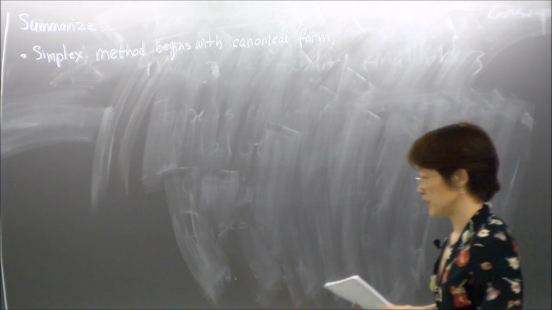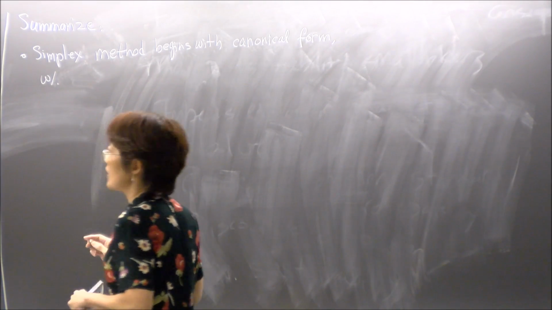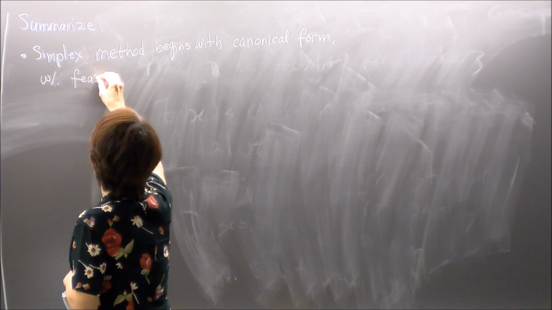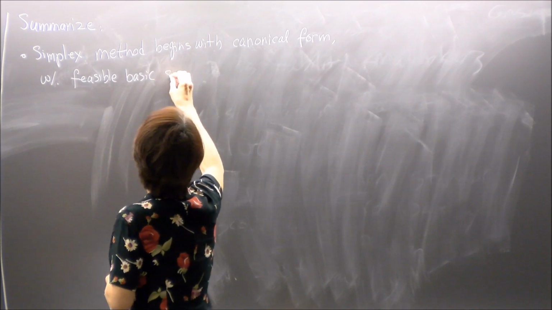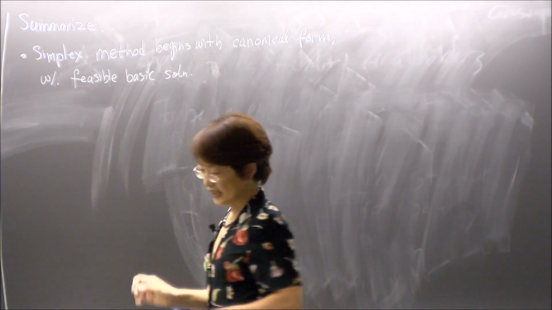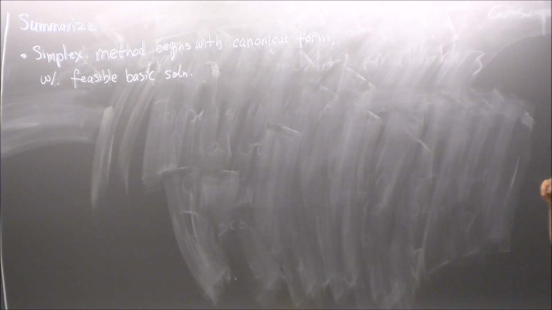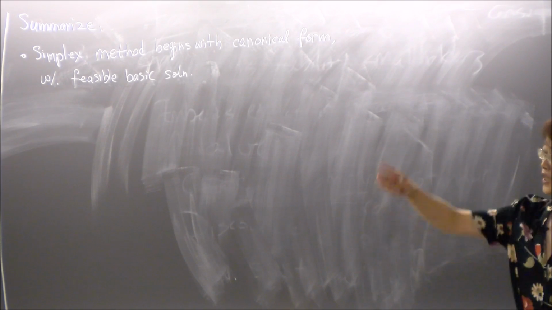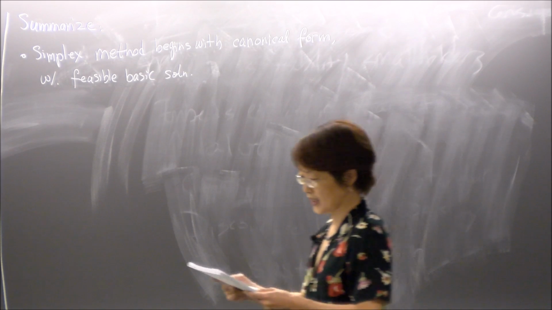This actually implies that the corresponding basic solution should be feasible. And also the objective function is written in terms of the non-basic variables. Once we have that starting point, we can carry out this algorithm, step 3, basically.